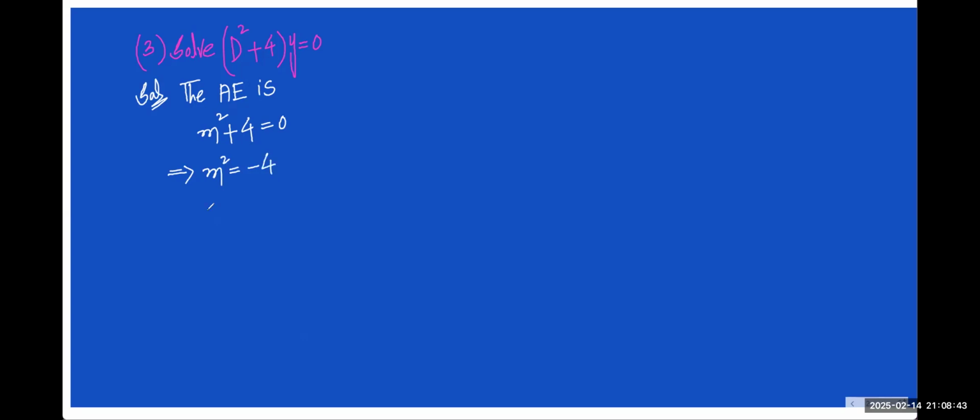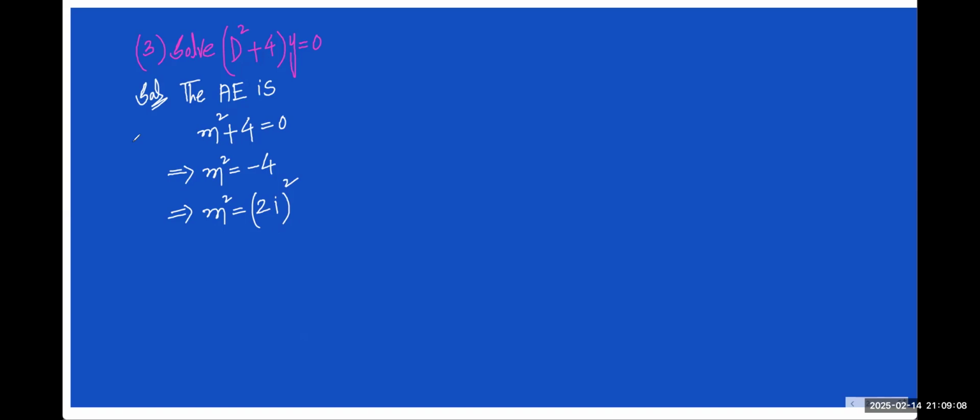Now this next step is very important. Look carefully. M square is equal to, can I write instead of minus 4, 2i whole square? 2 square is 4. Will you agree with me? And what about i square value?